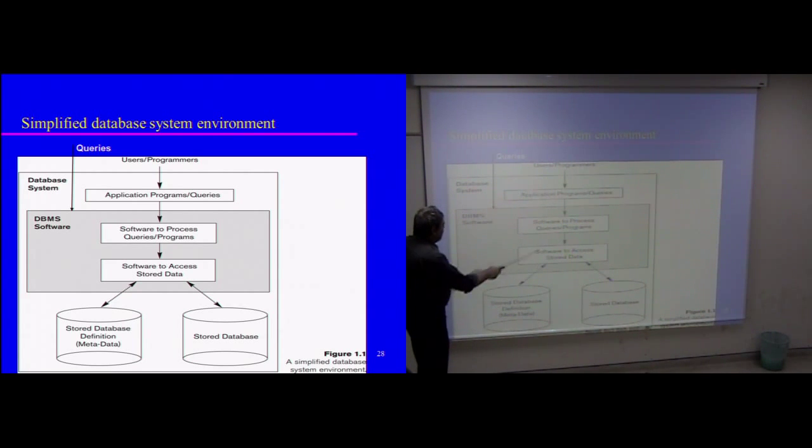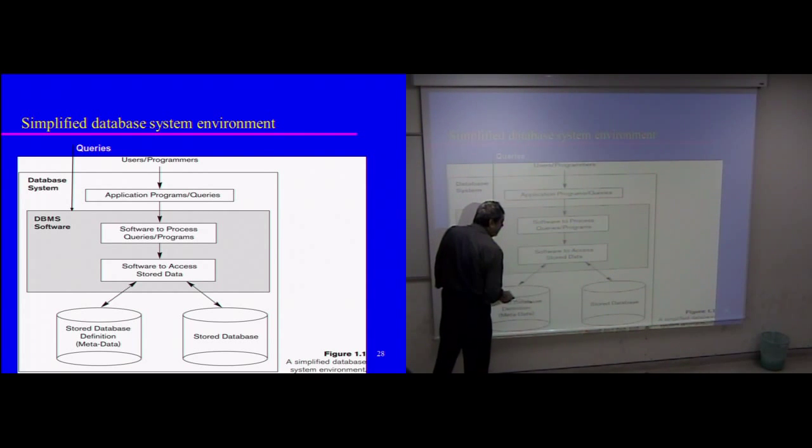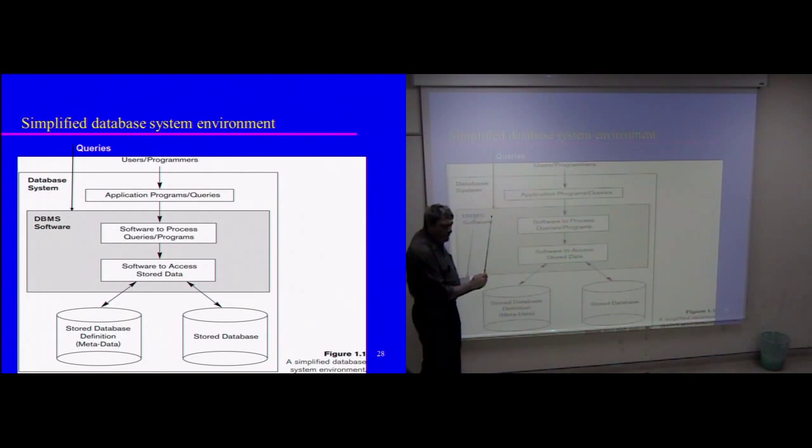So the DBMS manages two pieces of data, two data storages: the database itself, where the data are stored, the student IDs, the student numbers, marks, and so on, and the structure of the data, the data about data. That's why we call it metadata.